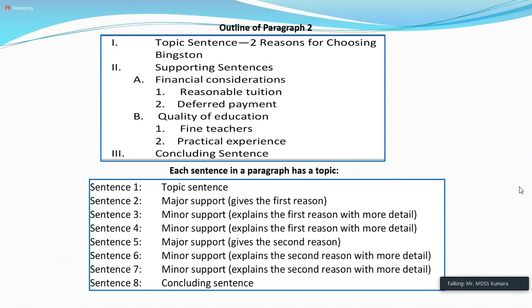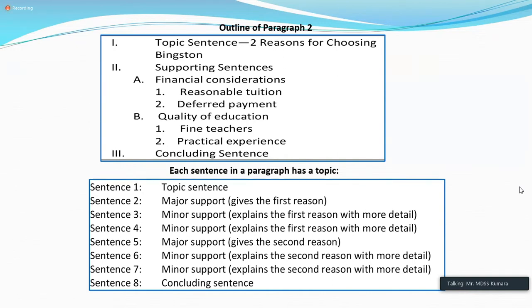So this is the usual structure of an English paragraph. There can be more sentences or fewer sentences, and depending on the type, there can be minor changes. But usually, writers follow a particular structure like that.